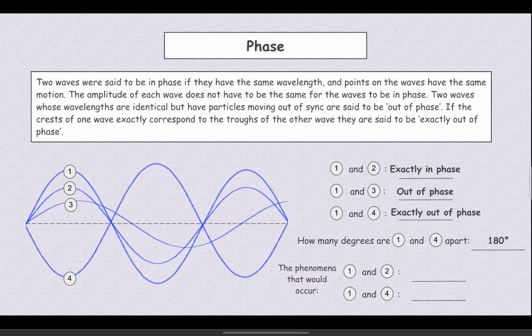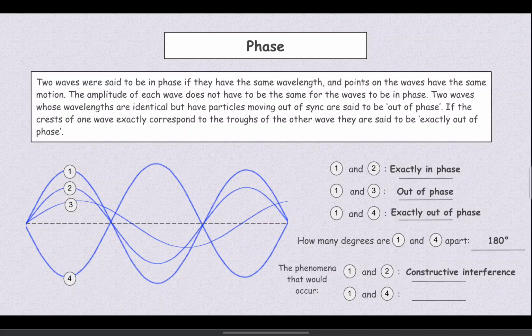The phenomenon that would occur between wave 1 and 2 would be constructive interference, which is just when two waves that are in phase with each other constructively interfere to create a bigger waveform together. Again, we'll go over that in much more detail, but it's when two in-phase waves positively interfere with each other.